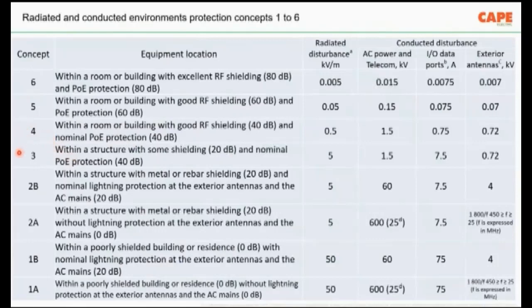So protection concept 4 or 3 is actually possible if we design and install our electrical and electronic installation, or if we design our building, with an aim to protect the electronics from such disasters of EMI. So with concept 3, for example, the radiated disturbances inside the building still go up to 5 kV, and these are the limits which are produced.